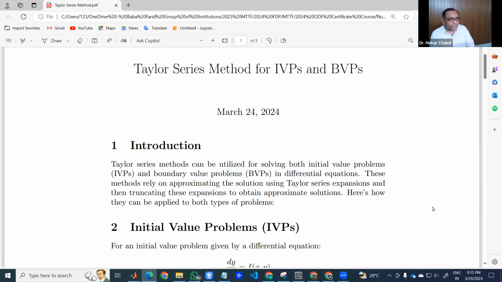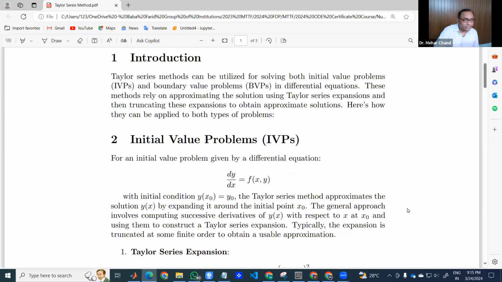So the Taylor series method can be utilized for solving both initial value problems and boundary value problems in differential equations. These methods rely on approximating the solutions using Taylor series expansion and then truncating these expansions to obtain approximate solutions. So here we have some steps for how we can implement these.